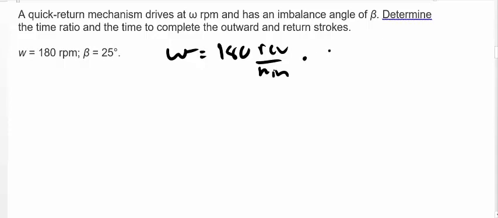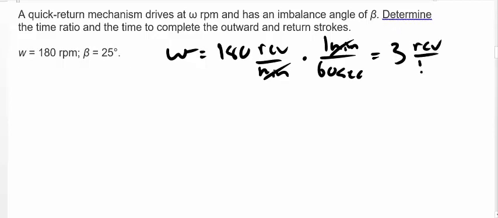That means that we have 60 seconds in every 1 minute, and the minutes cancel out, so that's equal to 3 revolutions in 1 second. So that's 180 divided by 60.